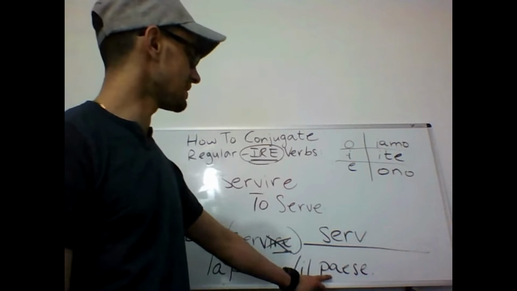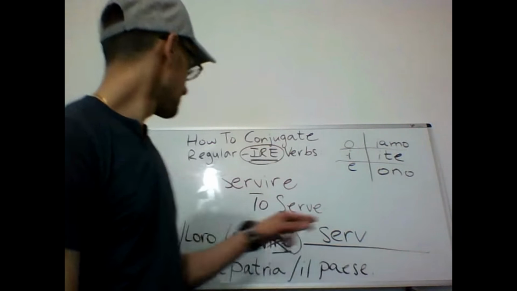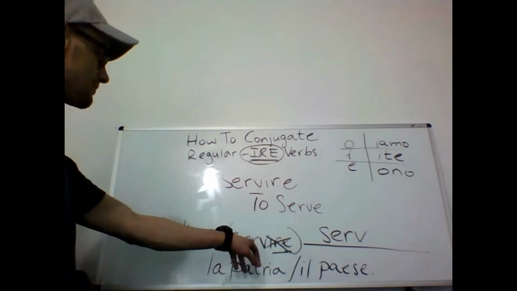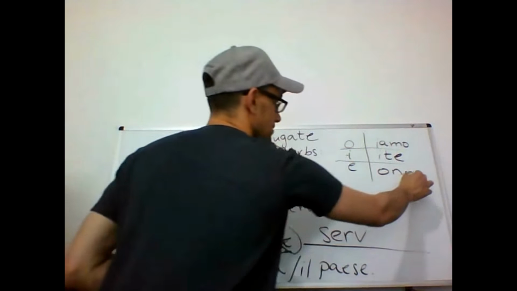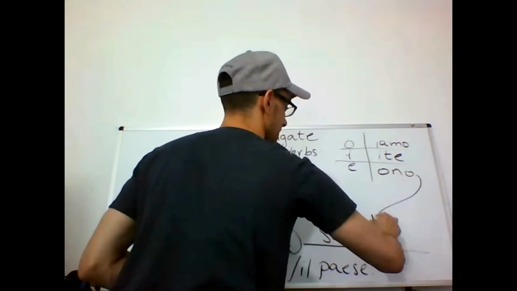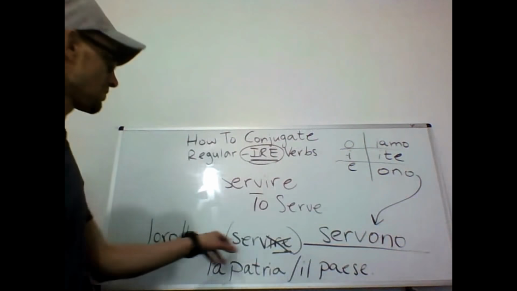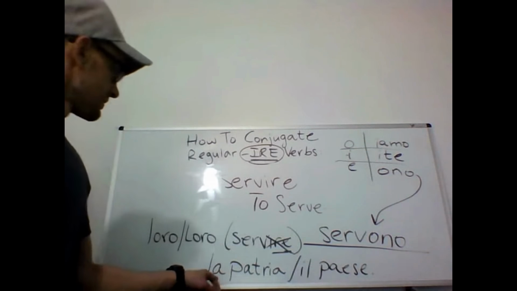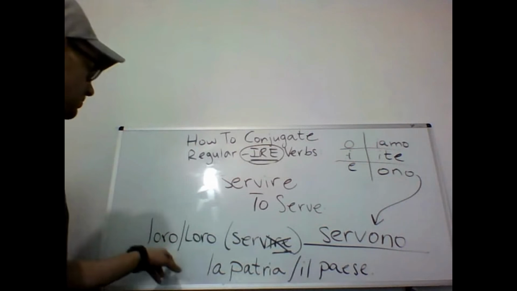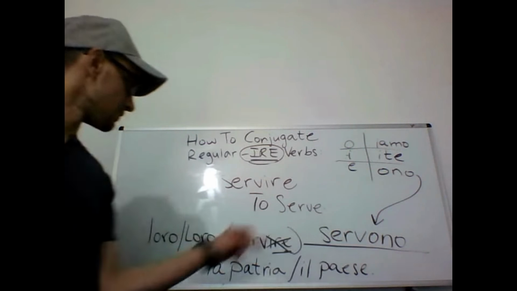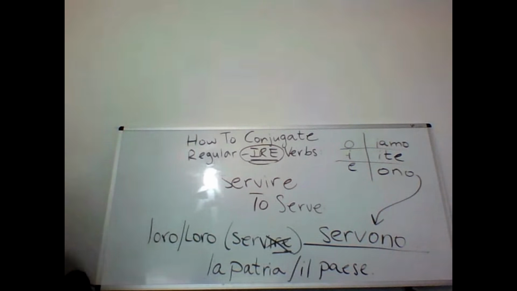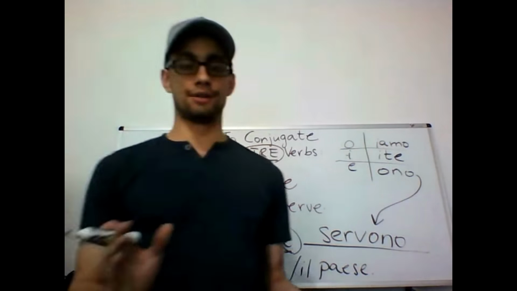So we have loro, serv. What do? Drag this down. So loro servono la patria, or loro servono il paese.